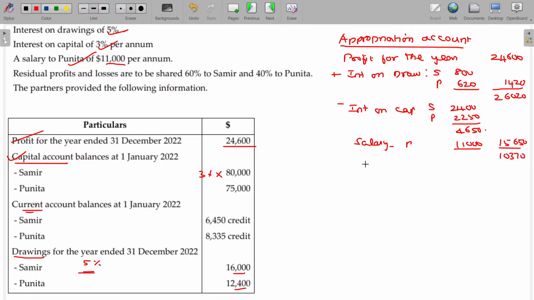This is the share of profit between the two partners, Samir and Punita. Here 60% and here 40%. 60% on this being 6,222, and here 4,148.